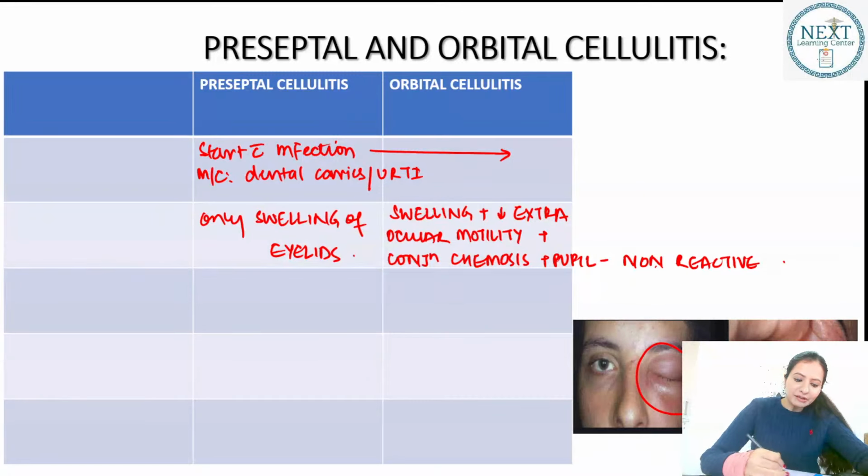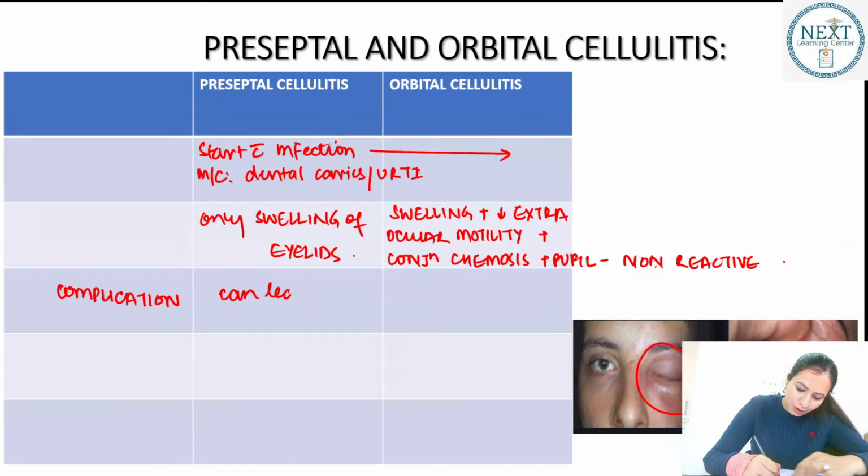Okay, so if we talk about the complication of preseptal cellulitis, if it is not treated on time, it can lead to orbital cellulitis.